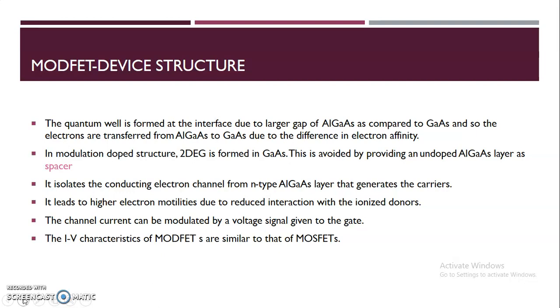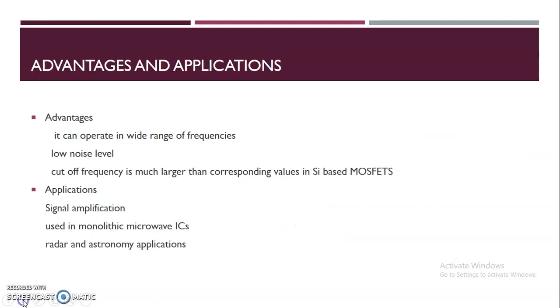This is avoided by providing an undoped layer which is called the spacer. It isolates the electron channel from the N-type layer that generates the carriers. It leads to higher electron mobilities due to the reduced interaction with the ionized donors. The channel current can be modulated by a voltage signal given to the gate, and we can see that the IV characteristics of MODFETs are very similar to that of MOSFETs.